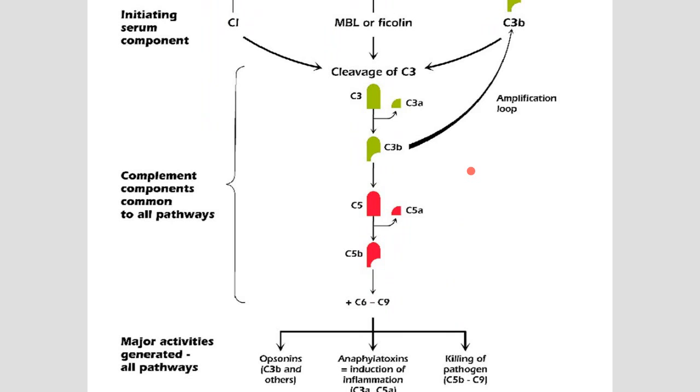Now in this case, since it's a journal graph, you can see that C3 cleaves into two parts, C3a and C3b. Of course, there's an enzyme involved. We're not going to talk about it at this stage, but keep in mind it's a protein. So you have to break it apart into a smaller fragment, which is A, and the bigger fragment, which is C3b.